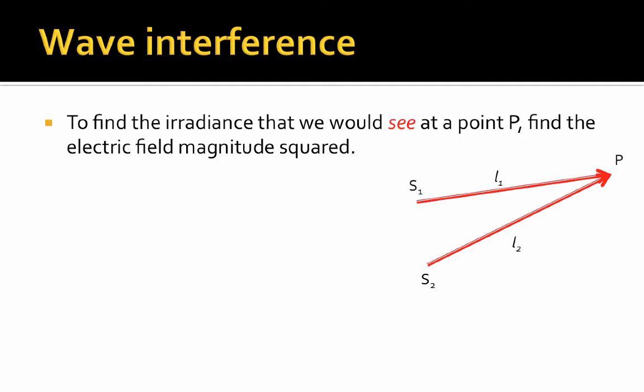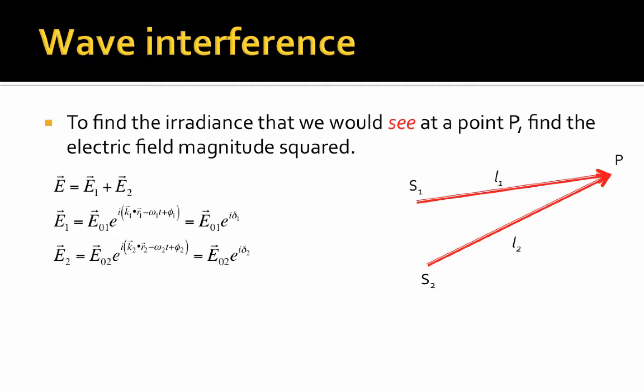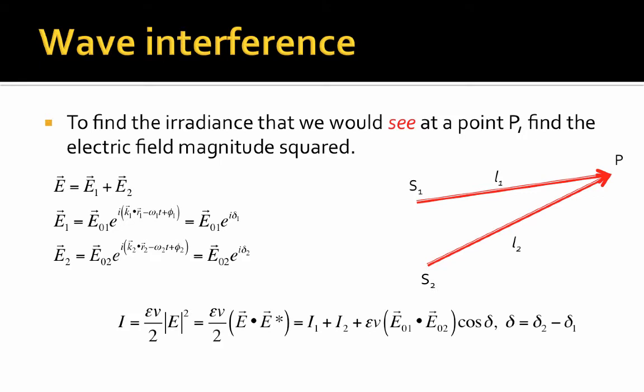And what we look at, remember, is not an electric field, but irradiance, otherwise called intensity. And to find the irradiance that we would actually see at some point P, we look at the electric field magnitude squared. So if those are our electric fields, the irradiance is going to be given by this expression, where the essential part here is that we are squaring the electric field.